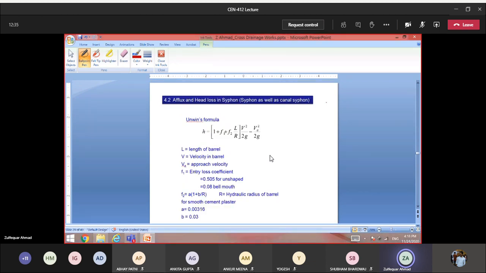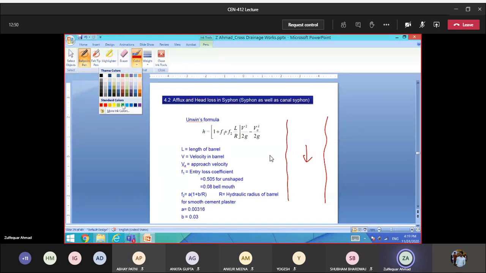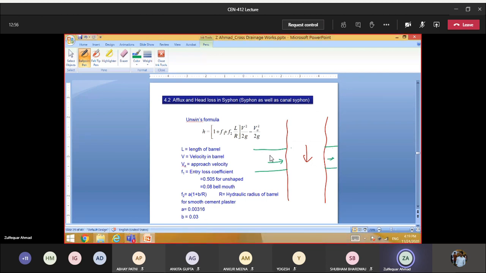Now, once you are providing the barrels, because you see, if you have this river, which is above the canal, and the canal is going below this, and this is going out. Let me draw by the dashed line.